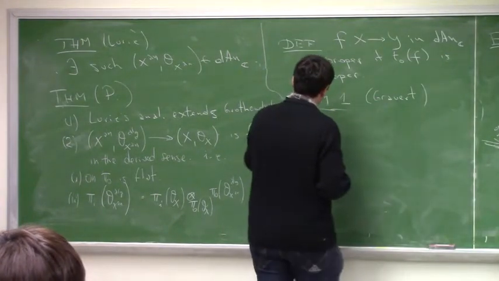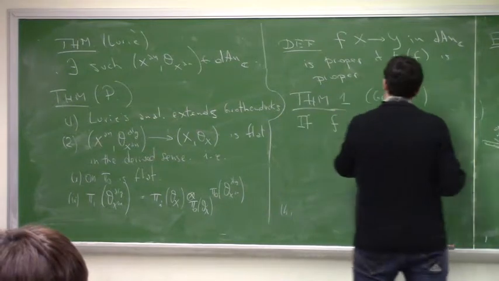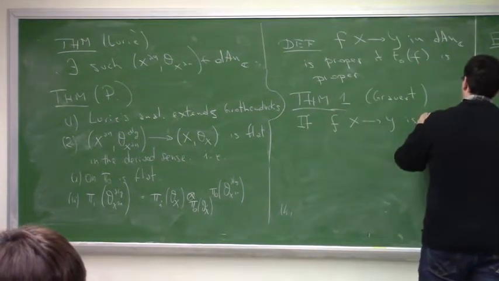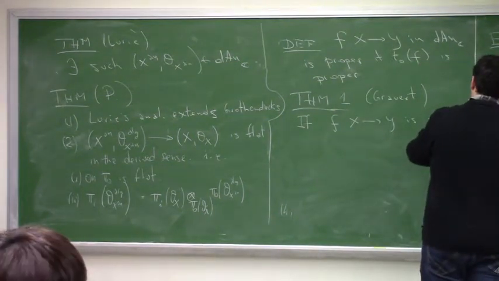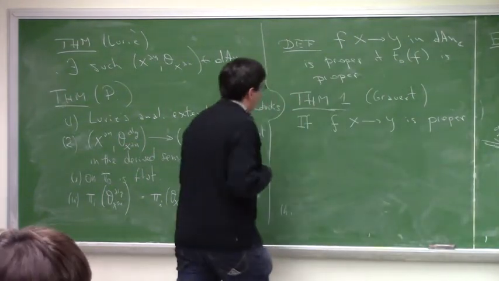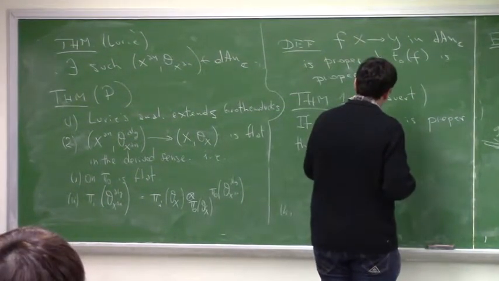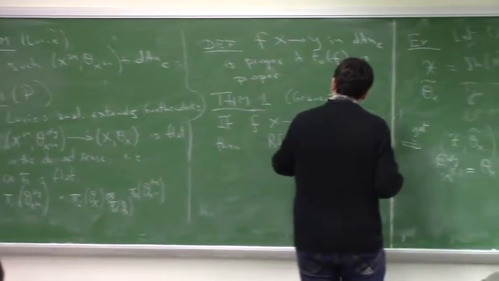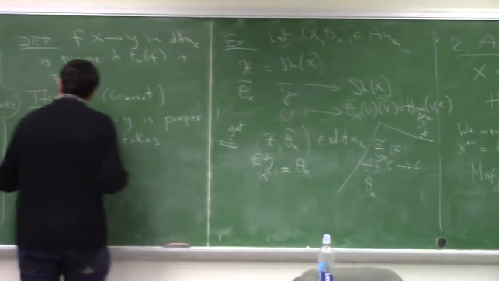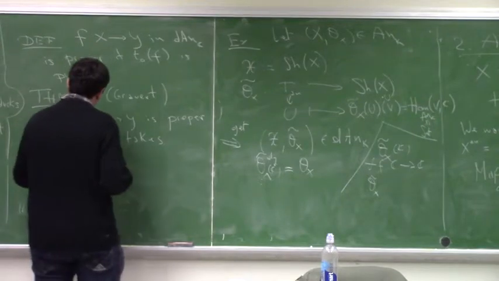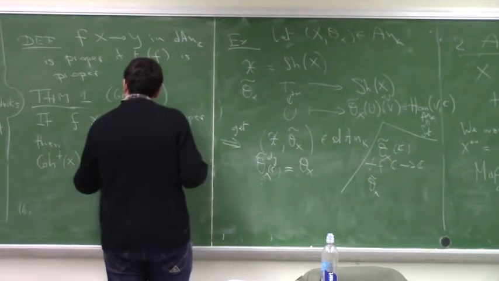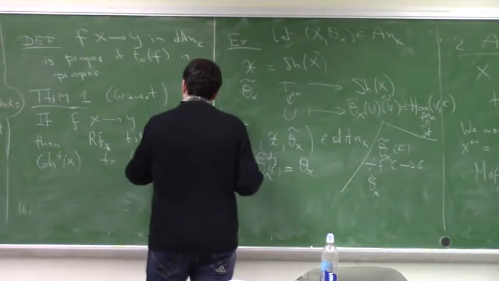If F from X to Y is proper, then F lower star takes bounded below coherent complexes to bounded below coherent complexes.